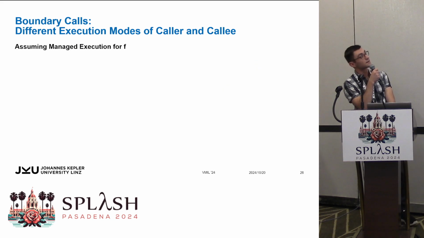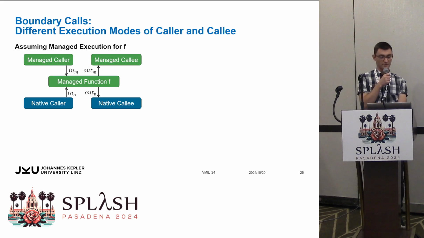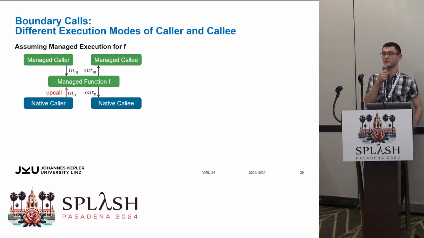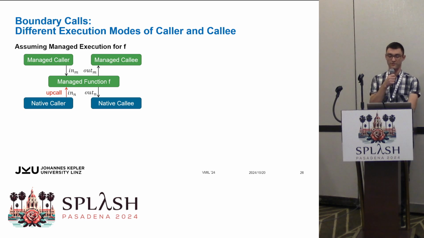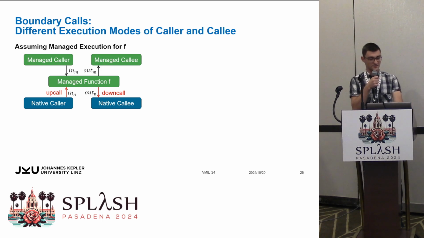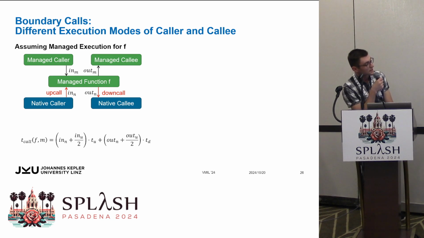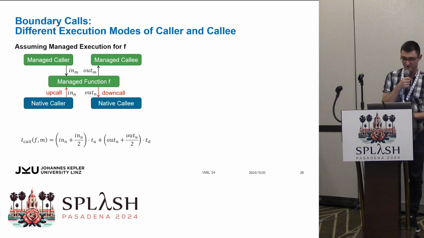And then we just assume both sides. First, we assume managed execution. There we know that we can ignore the managed caller and the managed callee. But for the native caller, we know that we have up call costs. For the native callees, we know that we have down call costs. And then we just put this together in a simple formula. This looks a little bit more complicated, but it's not very complicated at all.